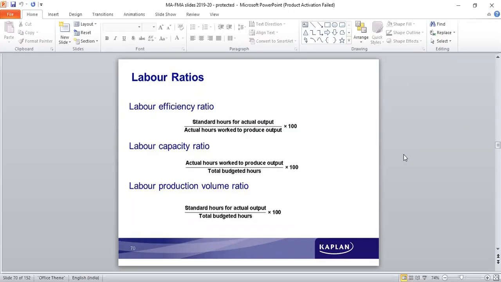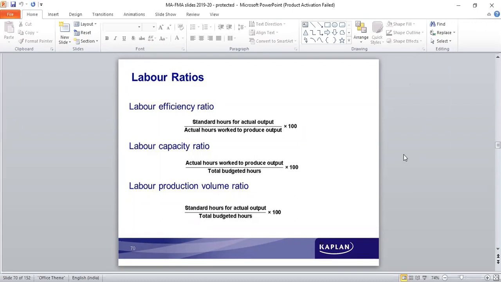So the efficiency ratio is calculated based on, see, when some standard is set, let's say that a piece of work should be completed in 10 hours. Then how much time is taken by them? Then we calculate it.